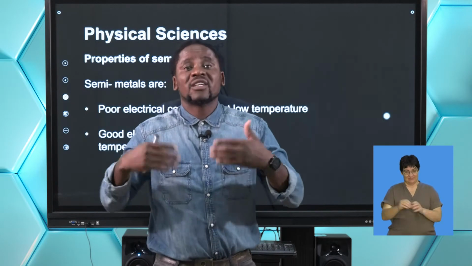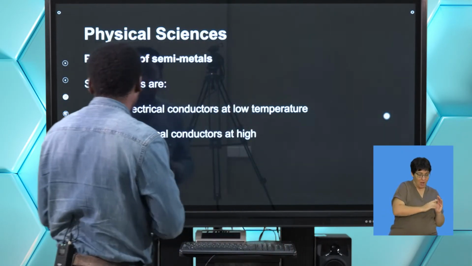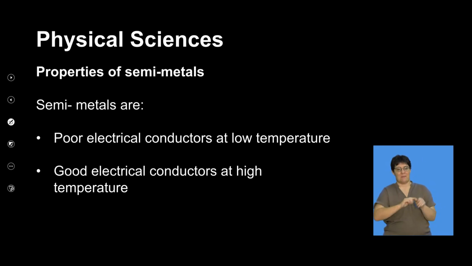So their conductivity improves with temperature. That's a very important note to take into account. And also, semi-metals are good electrical conductors at high temperature. So the temperature affects their conductivity.